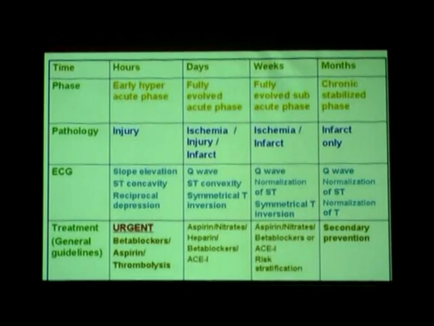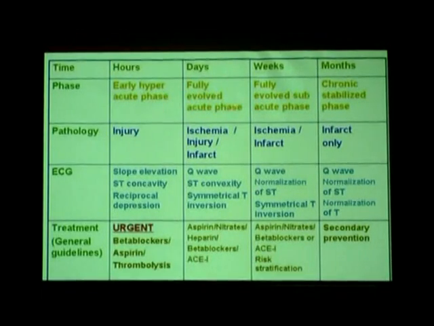The earliest sign is the loss of concavity, called slope elevation of the ST segment, and subsequently ST elevation with concavity upwards, an upright T wave and a reciprocal depression. At this stage there is no myocardial infarction; there is no death of myocardial cells. So opening the artery at this point will prevent complete necrosis of the myocardium. So urgent aspirin, clopidogrel, thrombolysis as soon as possible, or a direct PCI.